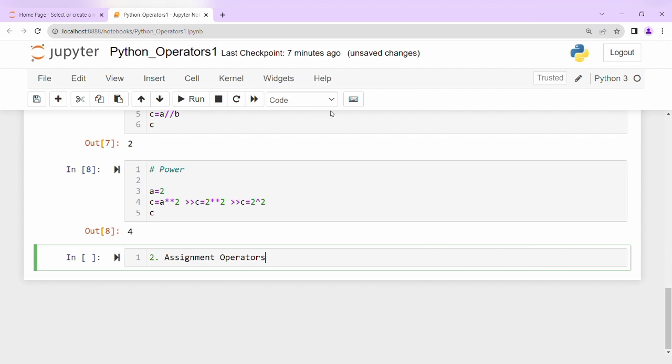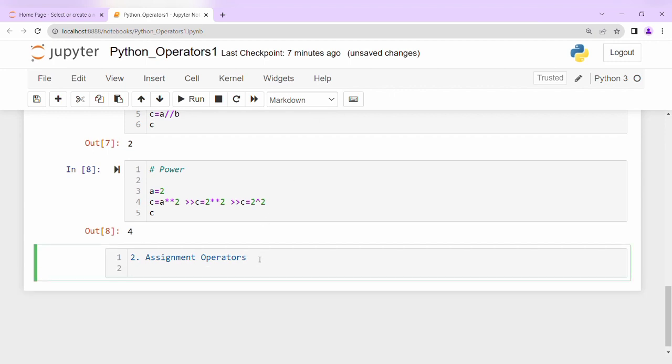Next one is learn about assignment operator. There are multiple assignment operators, like plus equal, the next one is minus equal, multiplication equal, then division, then floor division, then power, modulo equal.